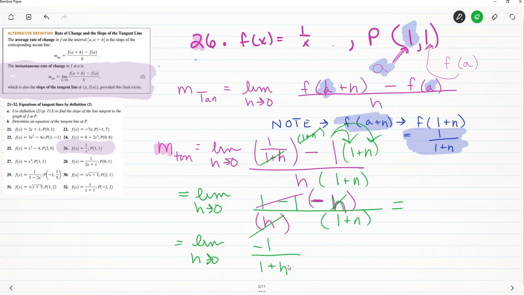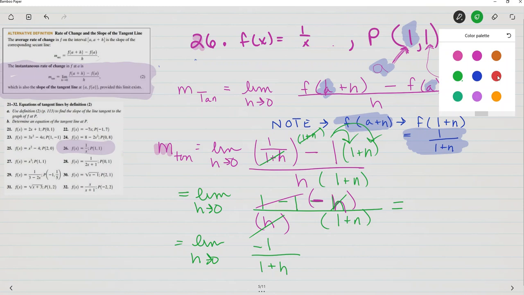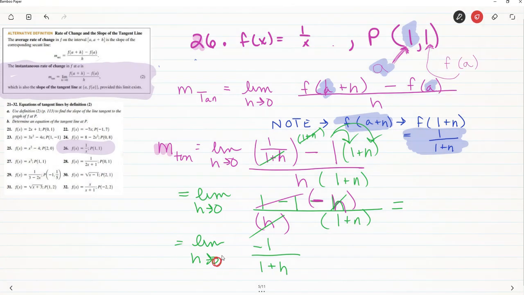And now I can use direct substitution. I can replace the h with 0, and I'd have -1. So I've found that the slope of the tangent line is -1.